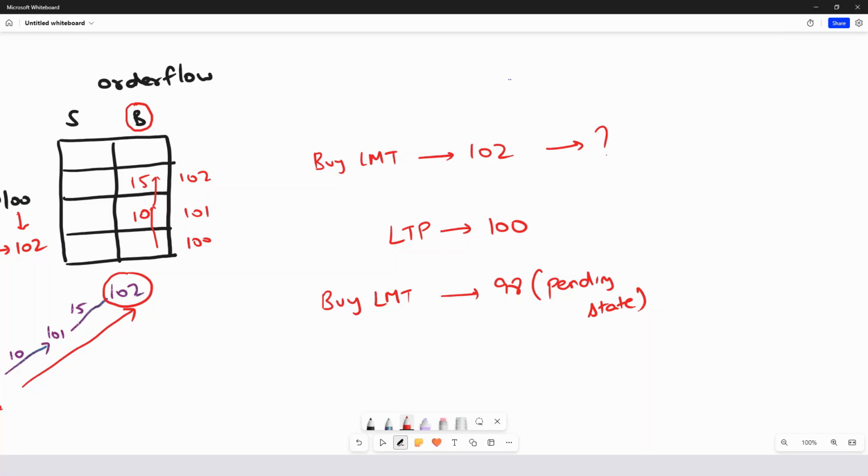Anybody? You guys place orders on the system, right? What will happen if I place a limit order at 102, whereas my last traded price is at 100? Just think it through, take a minute and then reply.